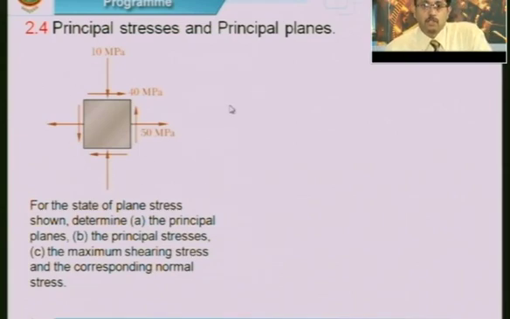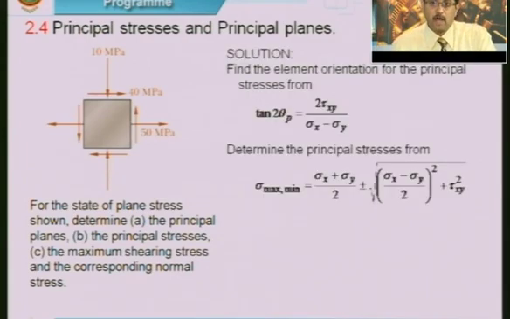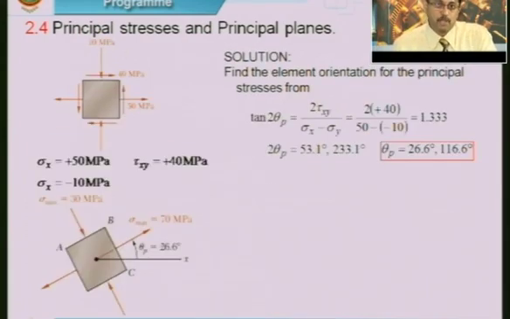We have solved 4 problems. One is this, where we got the values for the principal stresses and the principal strain, and how to indicate the principal stresses and the principal plane is given by this diagram.